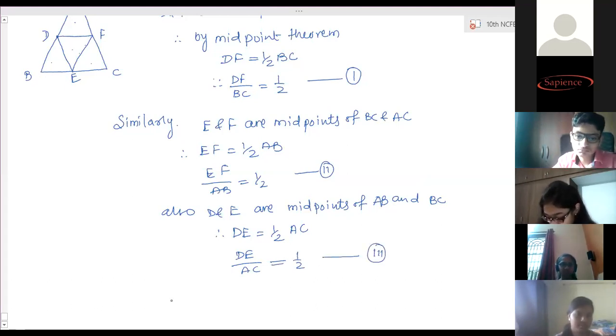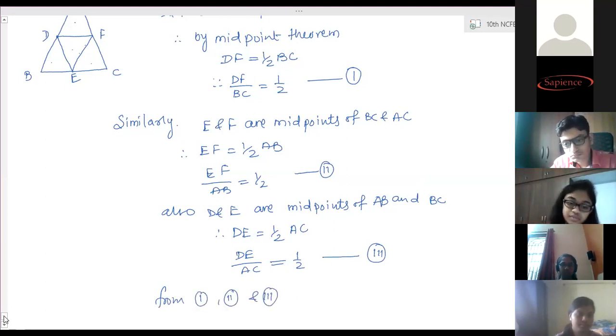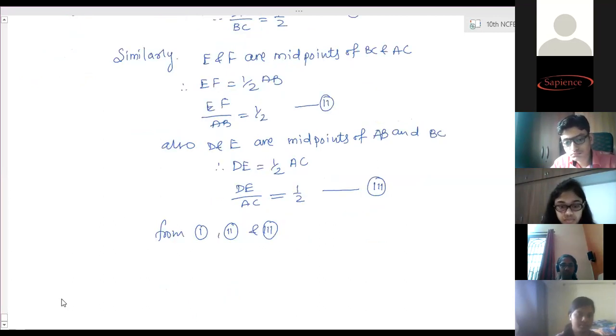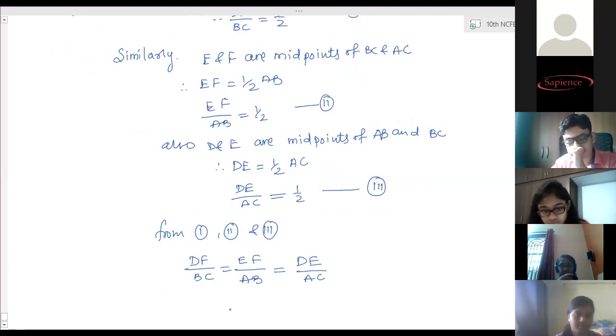This is the third. So from 1, 2, and 3, DF by BC is equal to EF by AB, which is equal to DE by AC. Now all three corresponding sides of both the triangles are proportional.